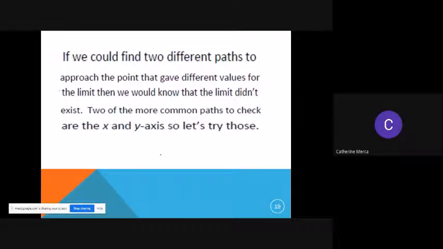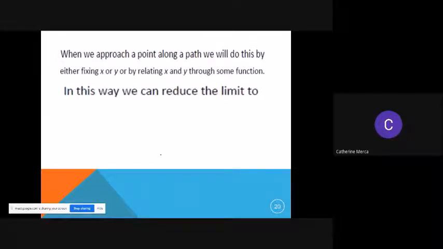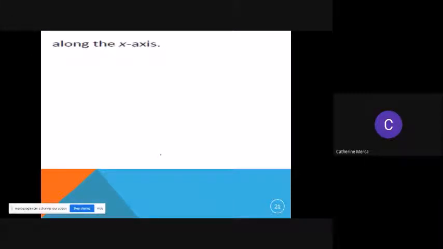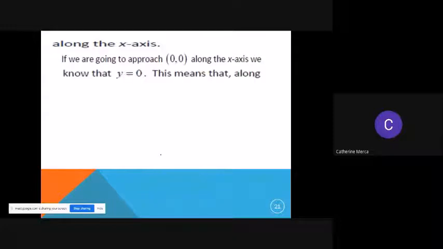Let's use the x and y axes. So you can try that one. And how do we do that? If we approach 0, 0 along the x-axis, we know that at this point your y is equal to 0. Why?